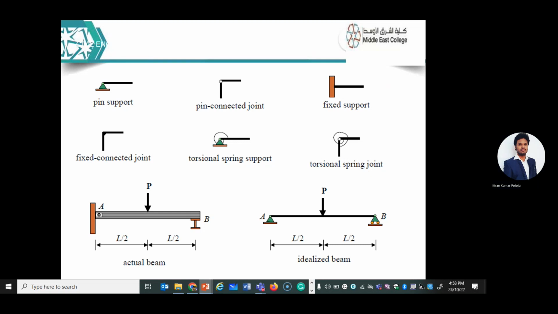Cantilever beam, one side fixed, other side free. Simply supported beam, both sides are supported.